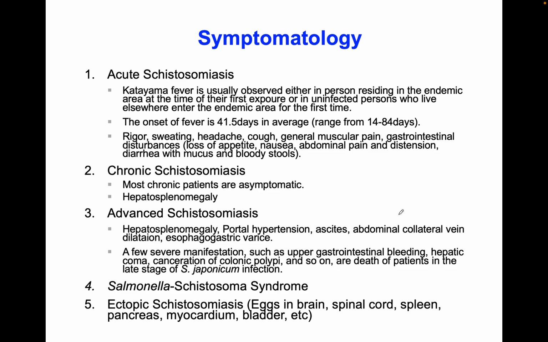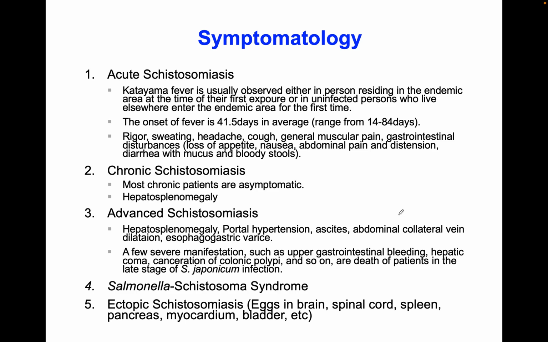For the symptomatology, according to different stages, there's acute schistosomiasis. The acute stage is called Katayama syndrome. So there's fever, and this is usually observed either in persons residing in the endemic area at the time of their first exposure, or in infected persons who live elsewhere and enter the endemic area for the first time.